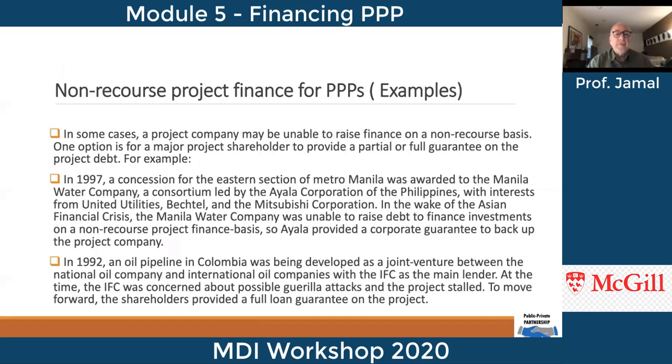In some cases, a project company may be unable to raise finance on a non-recourse basis. One option is for a major project shareholder to provide a partial or full guarantee of the project debt. For example, in 1997, a concession for the eastern section of Metro Manila was awarded to the Manila Water Company, a consortium led by the Ayala Corporation of the Philippines, with interest from United Utilities, Bechtel, and the Mitsubishi Corporation.